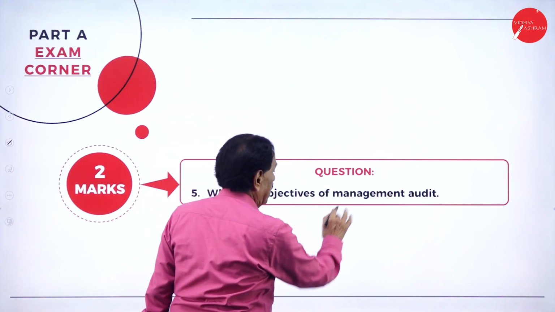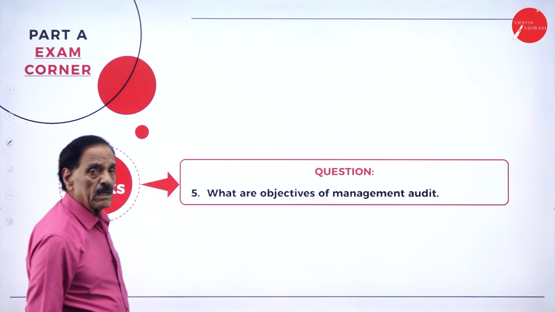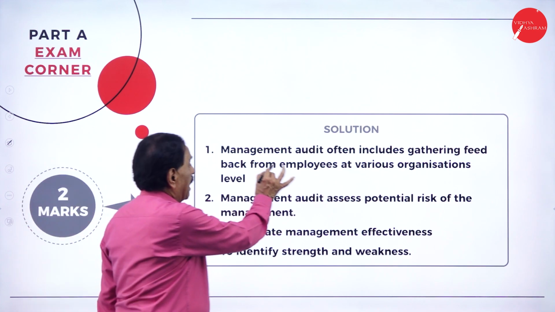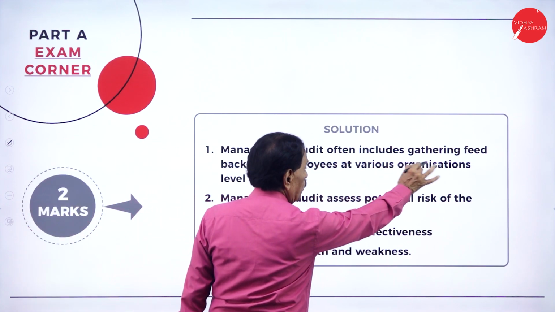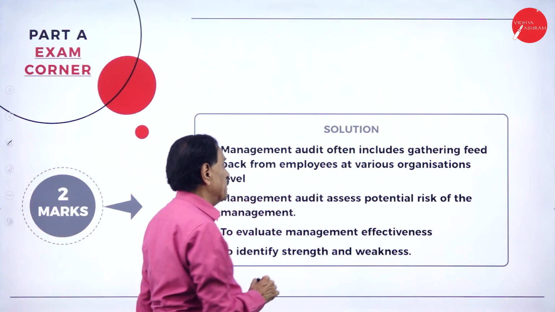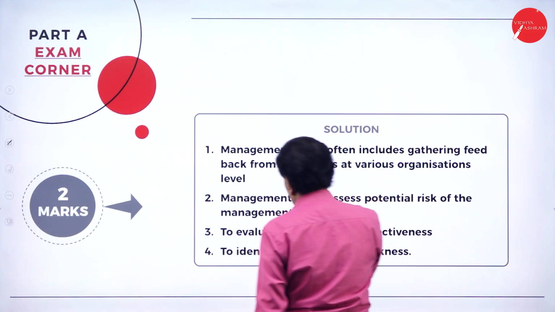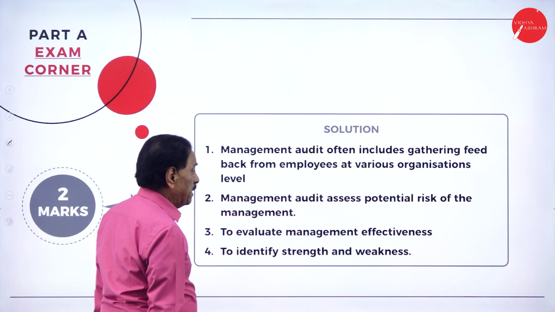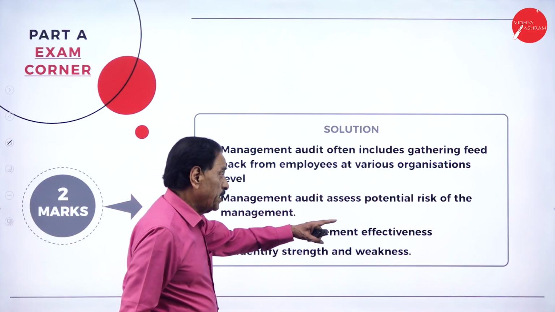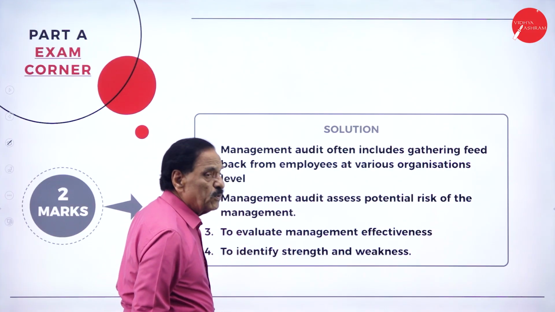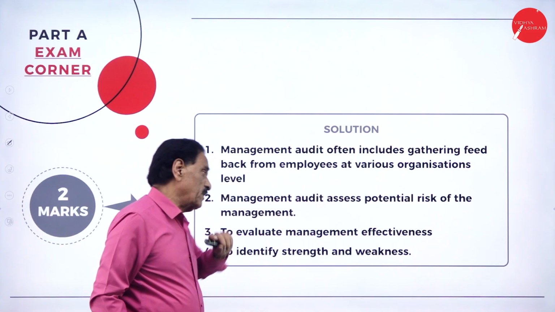What are the objectives of management audit? Number 1, management audit often includes gathering feedback from employees at various organization levels. Number 2, management audit assesses potential risk of the management. Number 3, to evaluate management effectiveness.